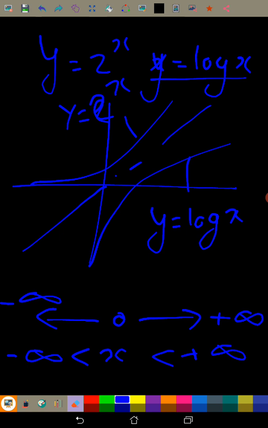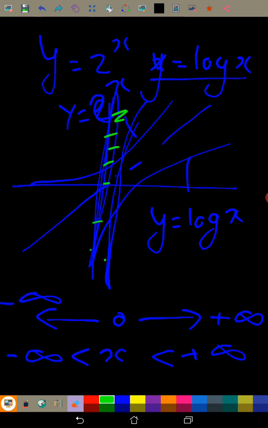And so it follows that the logarithm is defined on a domain of the positive elements, and its range is the set of all real numbers. So it also has solutions from here to here. I will use the green. All these values here are negative and this is positive.